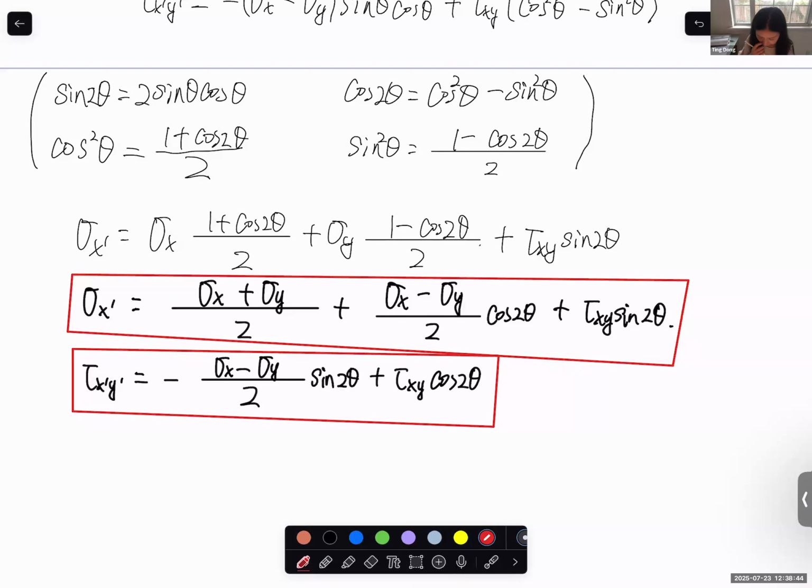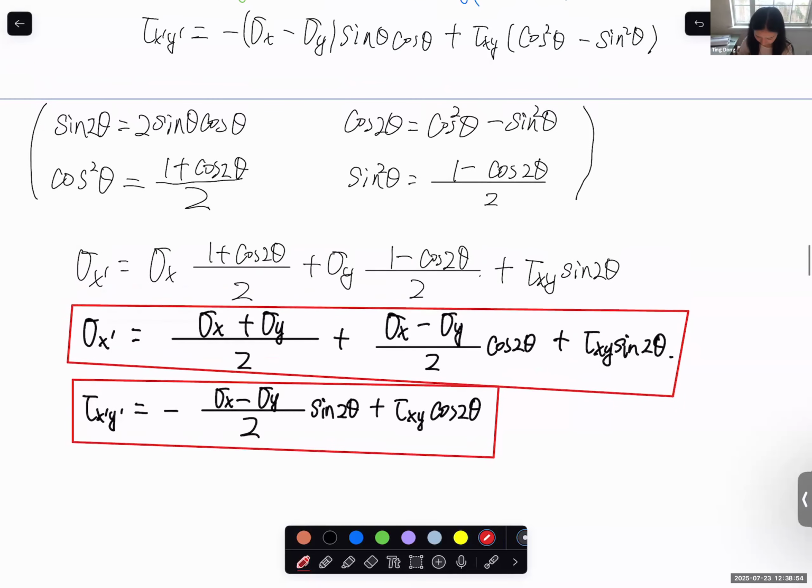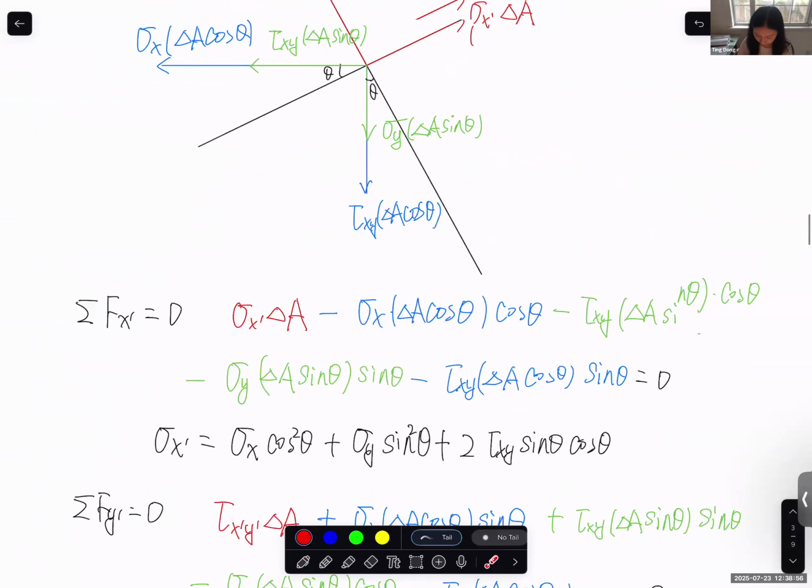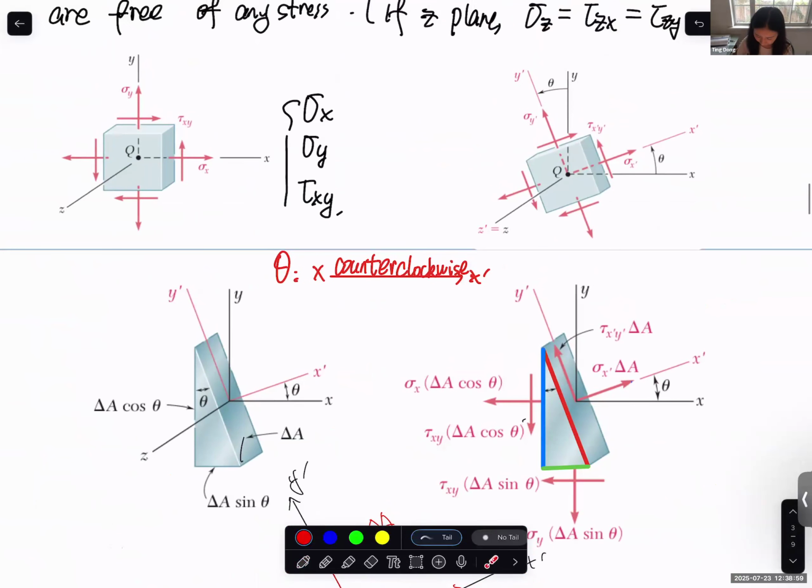And of course, you can do a new set of free body diagram and equilibrium equations to derive sigma y prime. But this is an easy way, because if you check this original graph, with this rotation theta, we get sigma x prime, right? And sigma y prime is here.